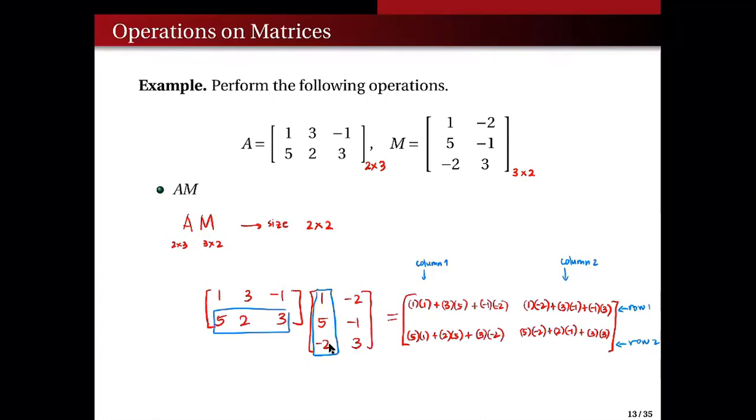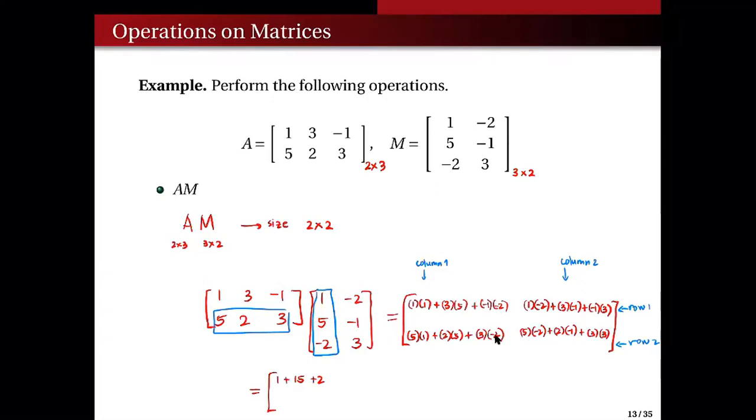And then finally, you'll just need to simplify all of these products and sum. So if we simplify this, we will have here 1 times 1, that's 1, plus 3 times 5, that's 15, plus 2, so negative 1 times negative 2.